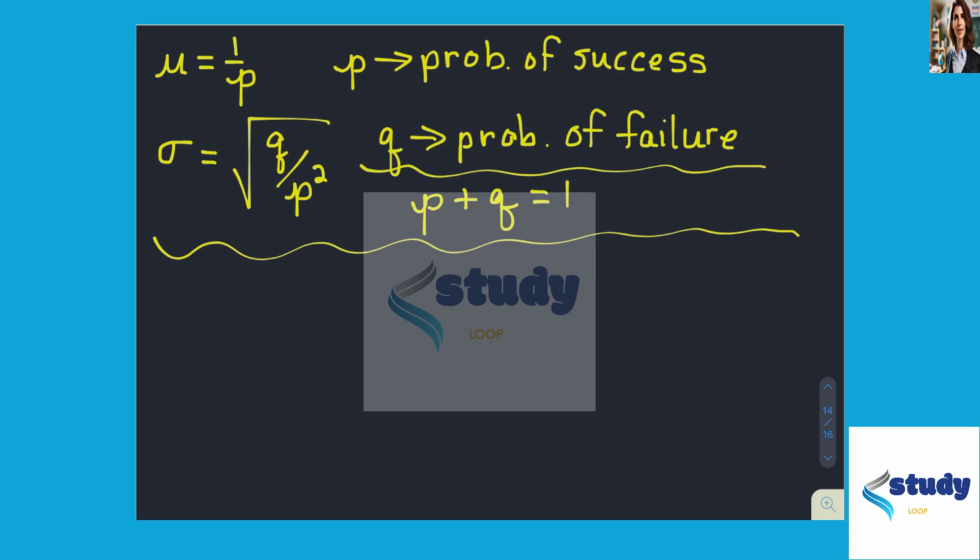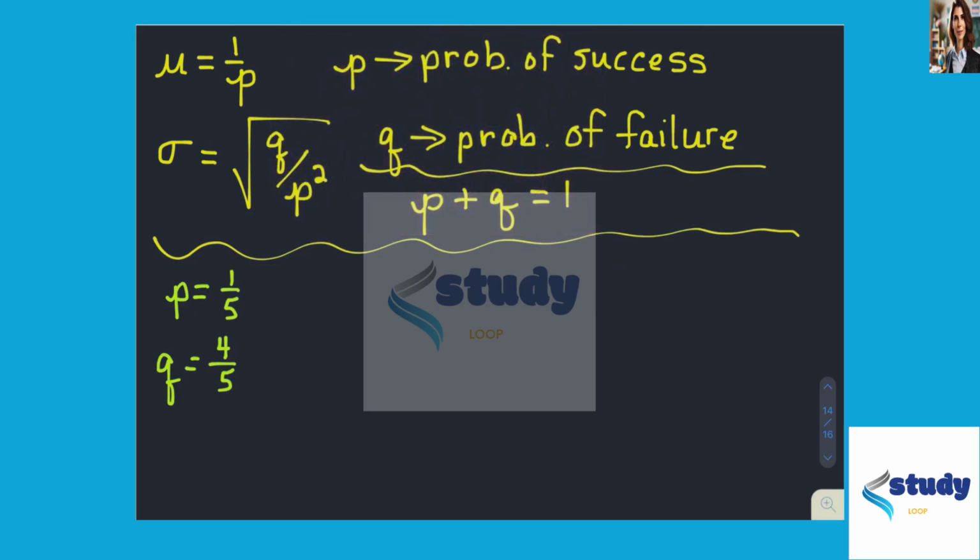So since we are trying to find the mean and standard deviation of those teachers that say that the long summer vacation is why they became a teacher, then our p-value would be 1 out of 5. So if 1 out of 5 teachers say the summer is the reason, then that means 4 out of 5 was not the reason. So our q value would be 4 out of 5.